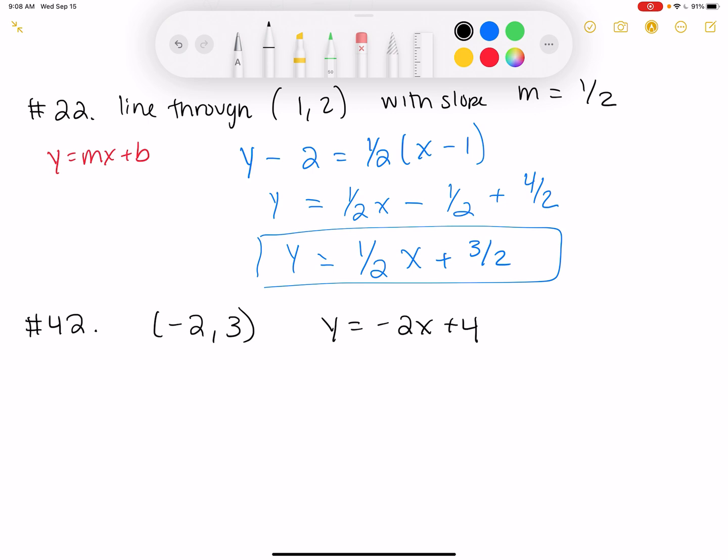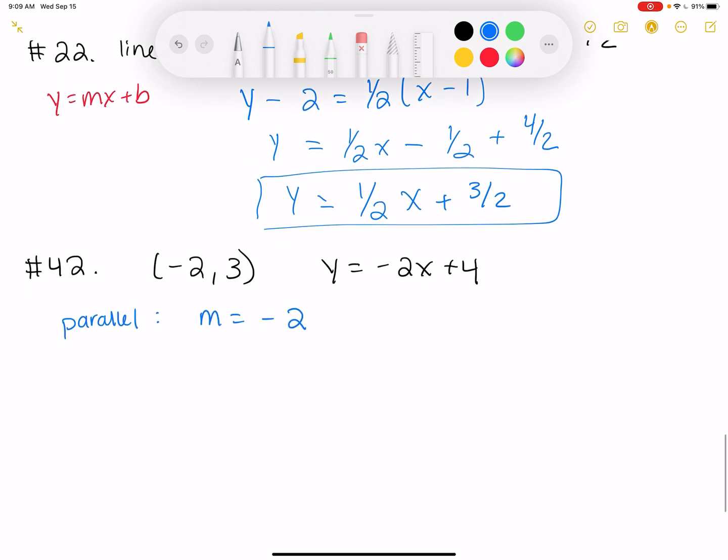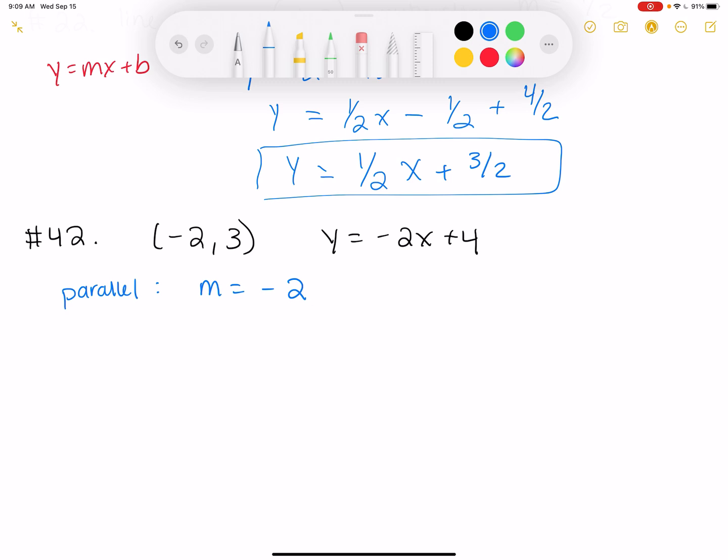First we're going to do the parallel one. What do we know about the parallel slope? It has to be the same slope, so it's going to be -2. Now I'm going to use this slope and this point.